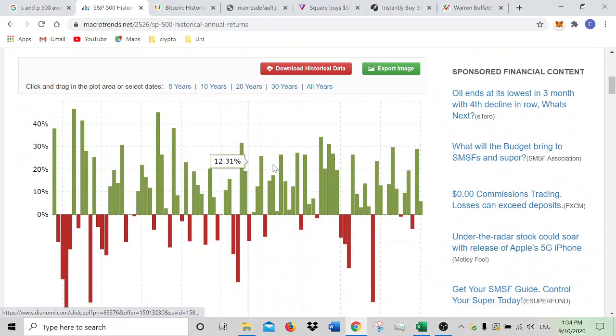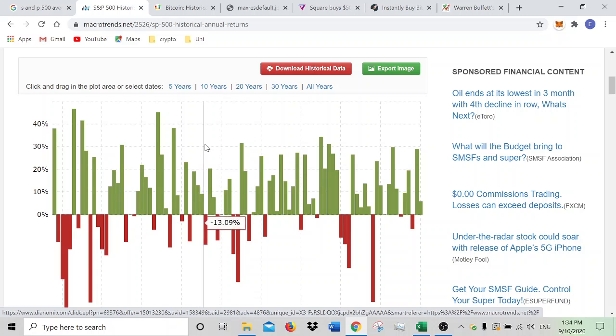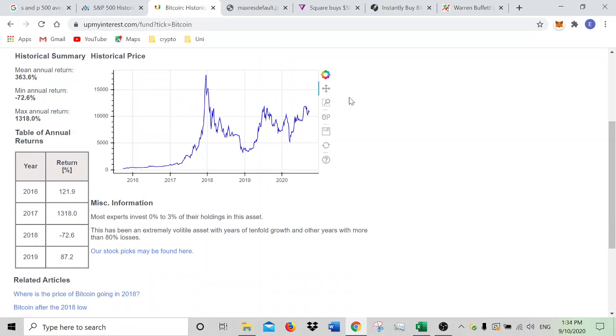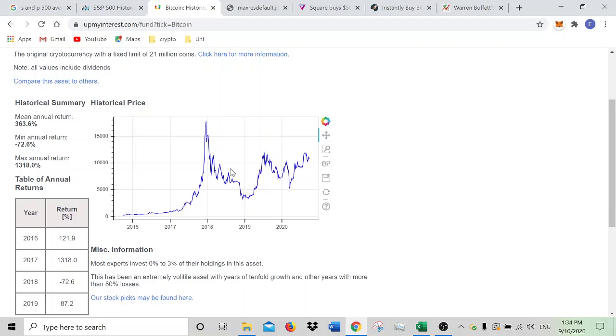Now the S&P has returned that annual rate of 9.8% a year. But if we have a look at Bitcoin, it is absolutely the best investment to be in right now. Its mean annual return is 360% right now, and I'm sure that's going to creep higher by the closing of this year and in the next few years.